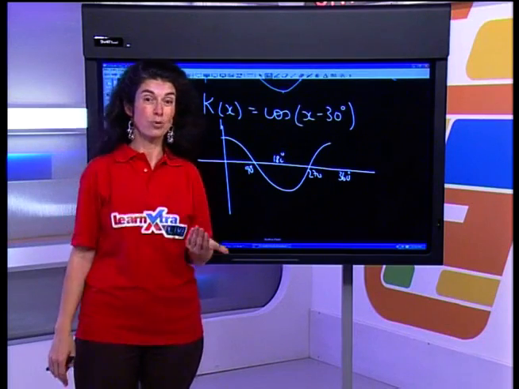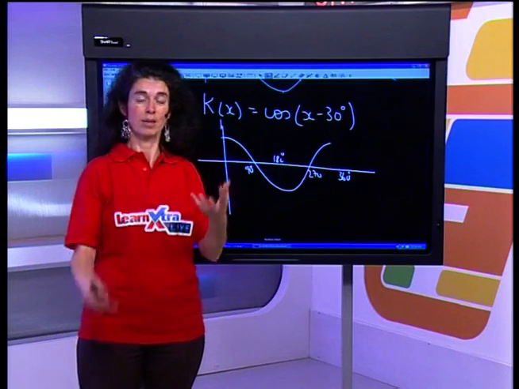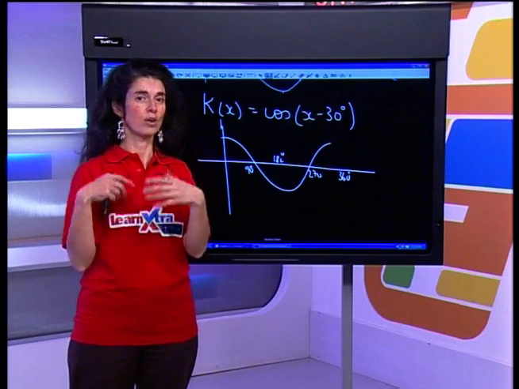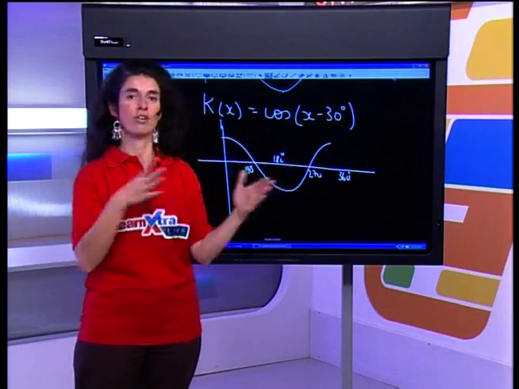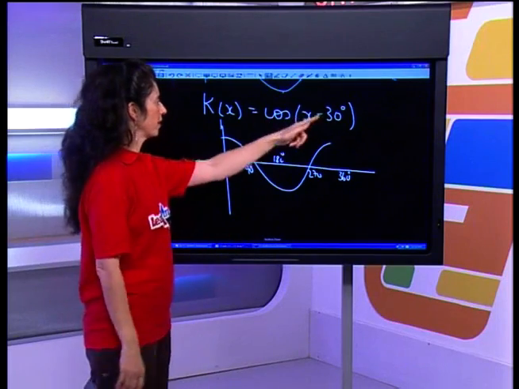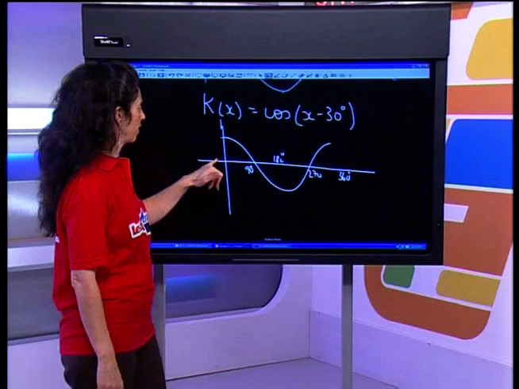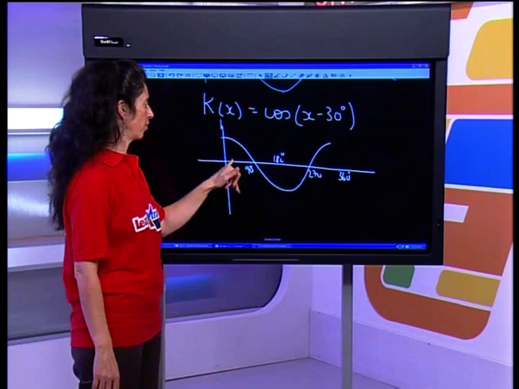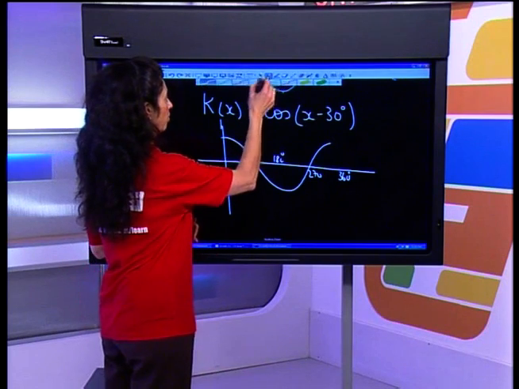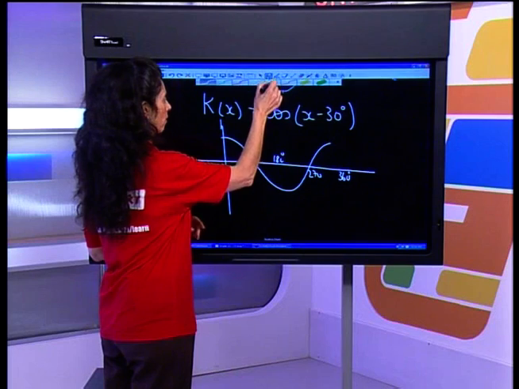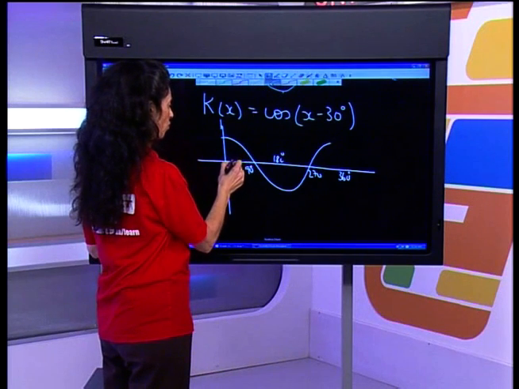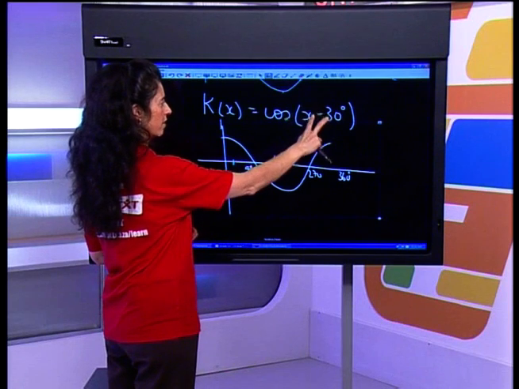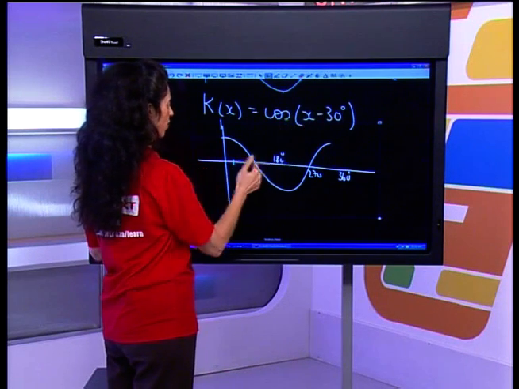Well, like all algebra graphs that you are familiar with, the moment you have an x that has a constant attached to it, minus 30 or plus 30, there will be a horizontal shift. So x minus 30 must mean that at 30 degrees, I'm going to get where the 0 is. So in place of where the 0 was, I now have that 30 degrees, because when I substitute 30 in, I get 30 minus 30 is 0, so the cos of 0 is now going to be 1.